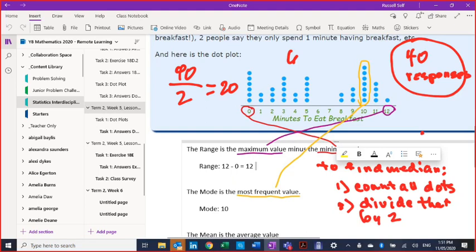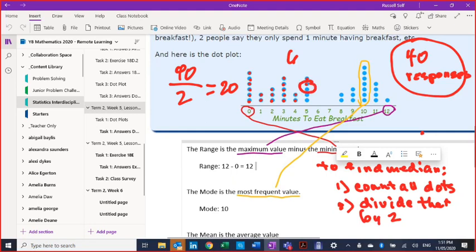So all I'm going to do is count until I get to the 20th number. 1, 2, 3, 4, 5, 6, 7, 8, 9, 10, 11, 12, 13, 14, 15, 16, 17, 18, 19, 20. So there's the 20th number.